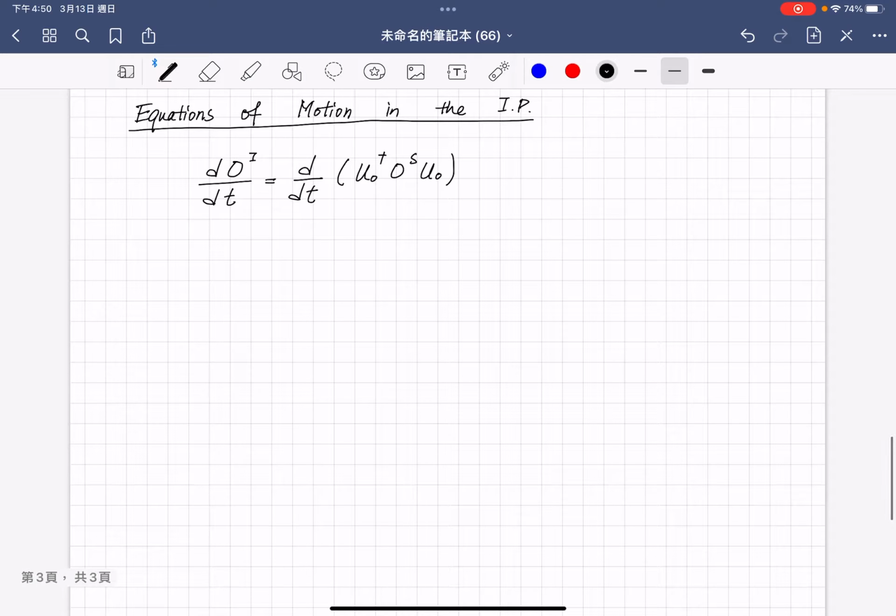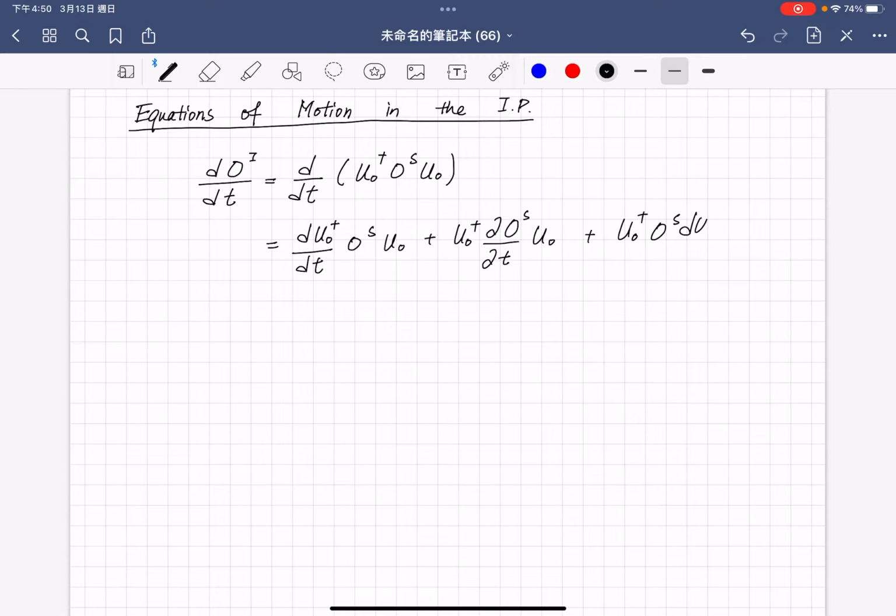And then we use the product rule: the first term, the second term, with the idea that this is a partial differentiation because we are only changing the t, and the last term like here.